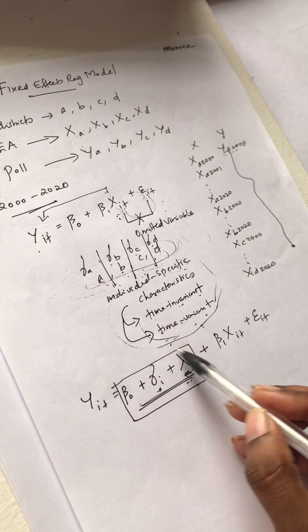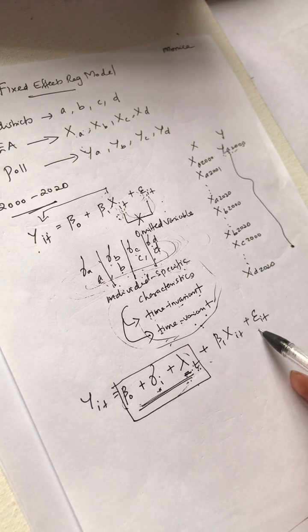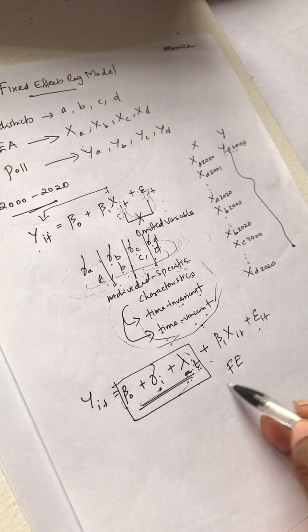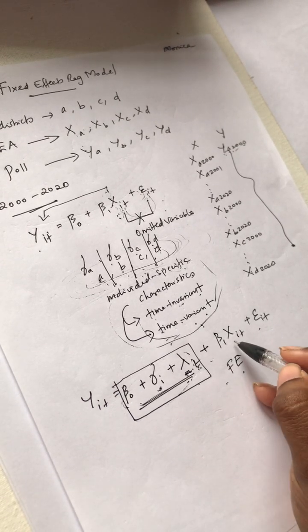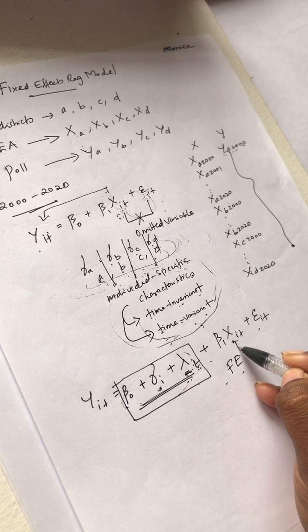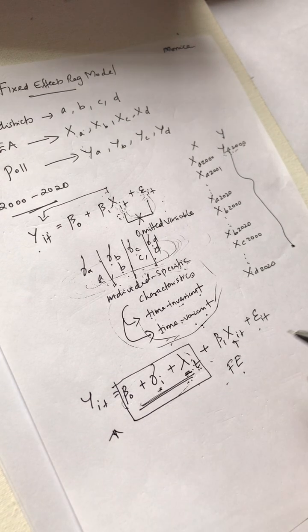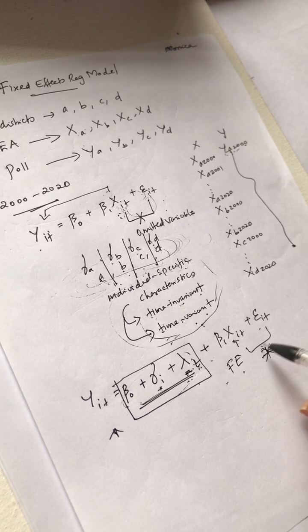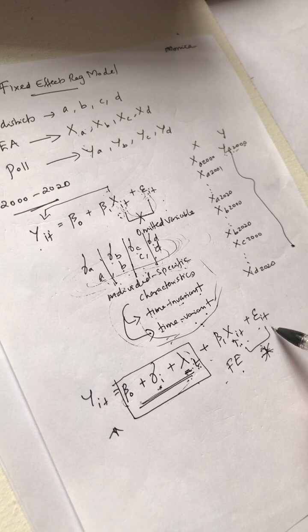So when we control for these factors by running a fixed effects model, you're able to derive the impact of X on Y. And it cancels out, there's no more correlation between X and the error term.